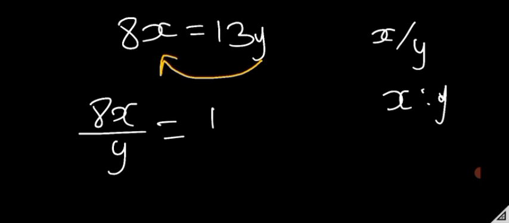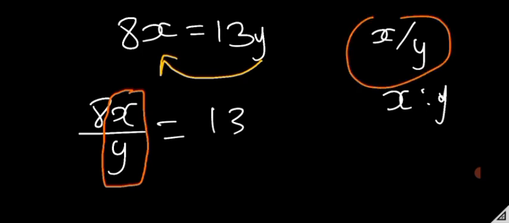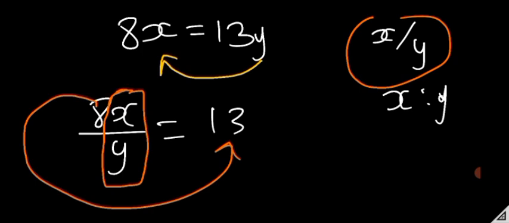Equal to 13. Now if you see this, everything here now becomes x over y, which is what we are looking for, right? But it's still not perfect, because there is 8 here. So we need to remove this 8 from this side so that this place will be perfect, right? So when 8 comes from this side to this side, it divides 13.